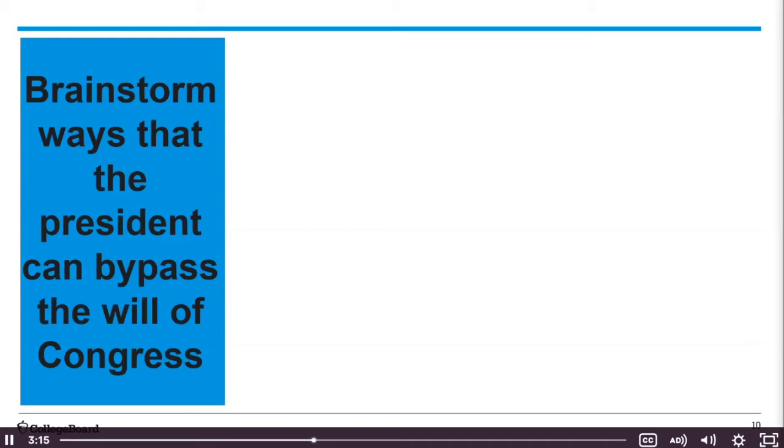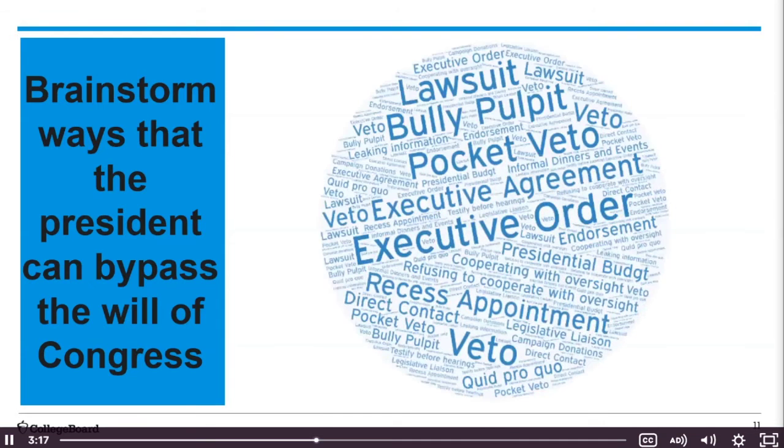So here we've got one of these word graphics, and we've got a lawsuit that would be going to the courts, using the bully pulpit, the pocket veto, executive orders, recess appointments, the veto. So there are a number of ways that the president can have an impact. And you see some of the smaller things there, like leaking information and refusing to cooperate with oversight.